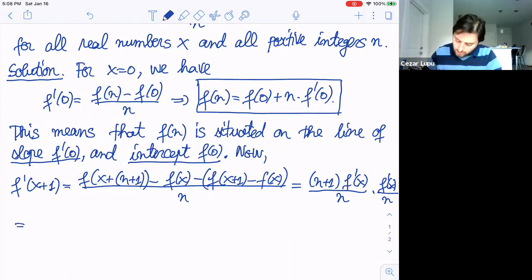So this would be nothing else than just f prime of x.